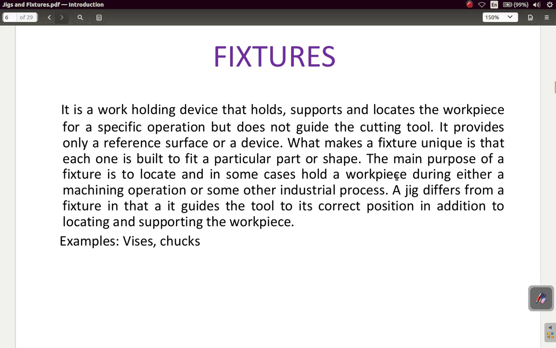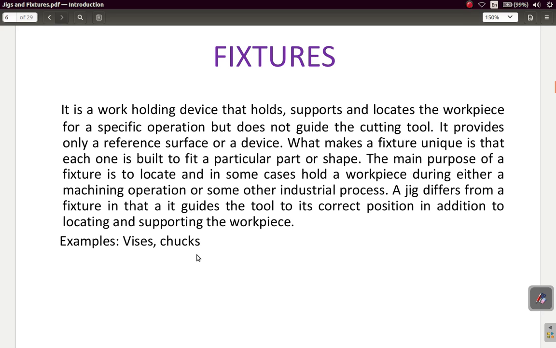A jig differs from a fixture in that the jig guides the tool to its correct position in addition to locating and supporting the workpiece. Examples of fixtures are vises and chucks.